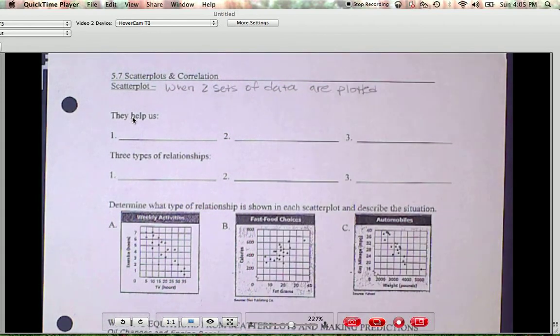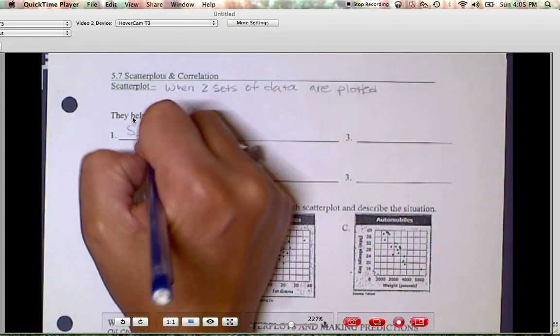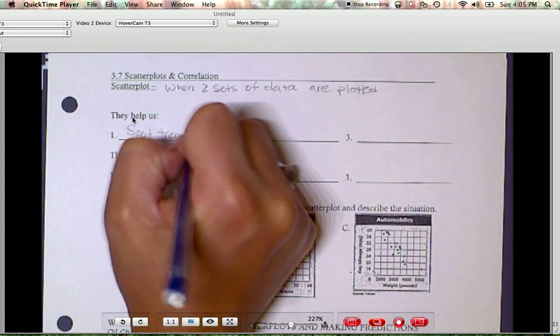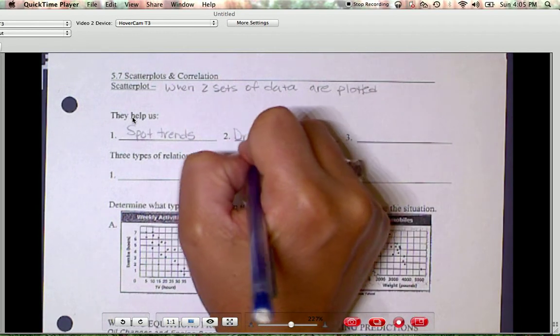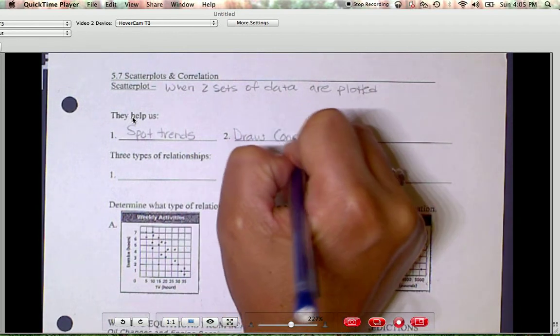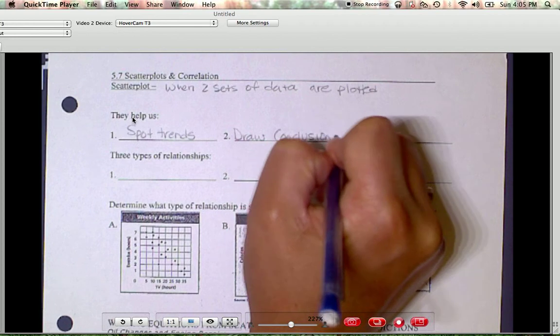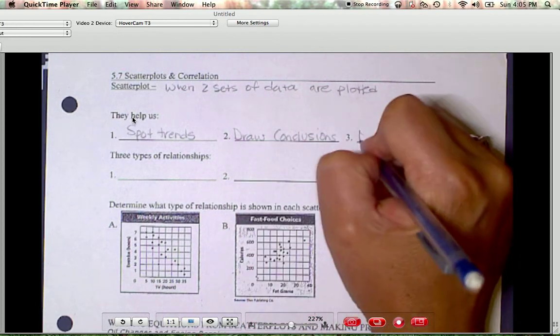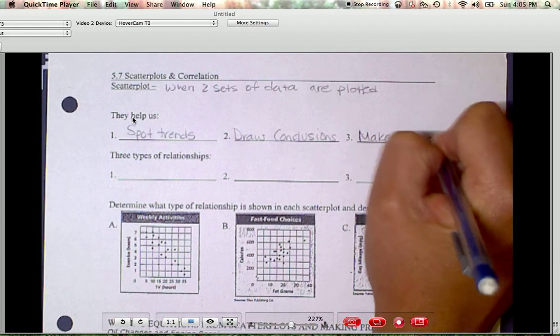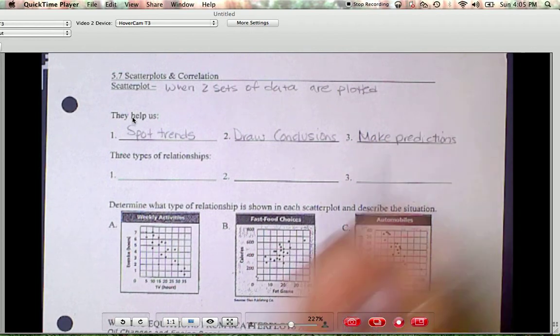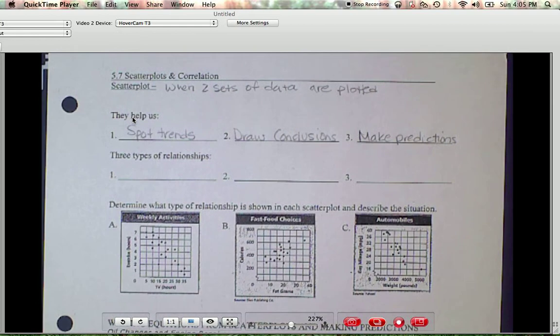They help us to spot trends, they help us to draw conclusions, and they also help us make predictions. So this is a great example of how algebra can help you in the business world.